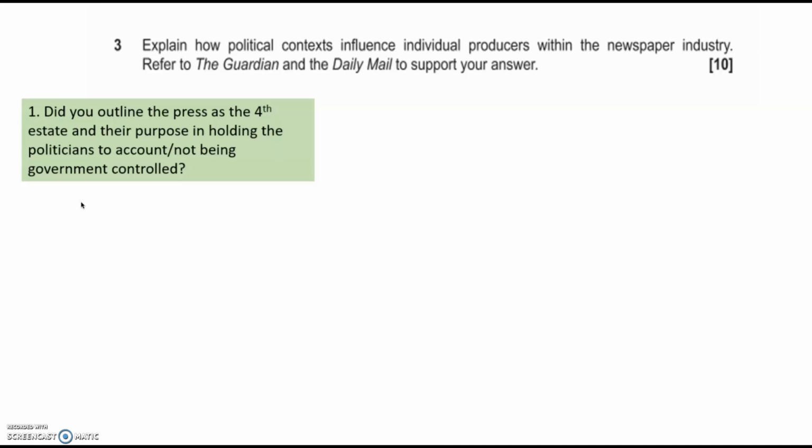We don't live in a dictatorship. We live in a free society. And the purpose of the press is supposed to be that guardian of truth, holding our politicians and our government to account. So that's a key thing you would have needed to outline quite early on in your answer. That's the purpose of the press within the political free capitalist society that we live in.